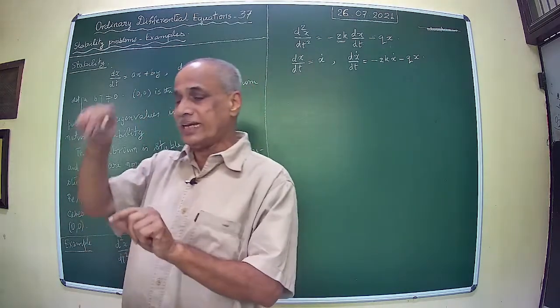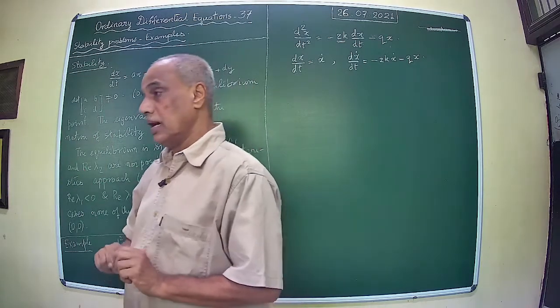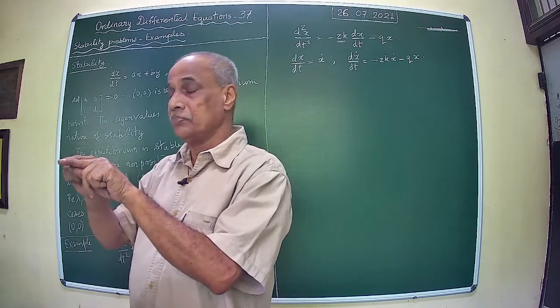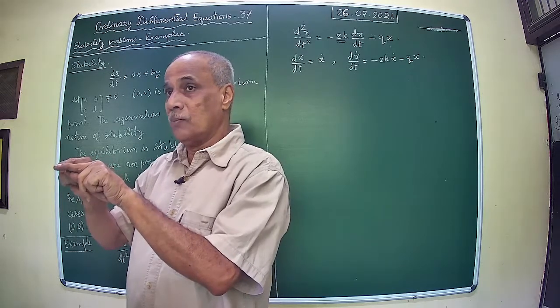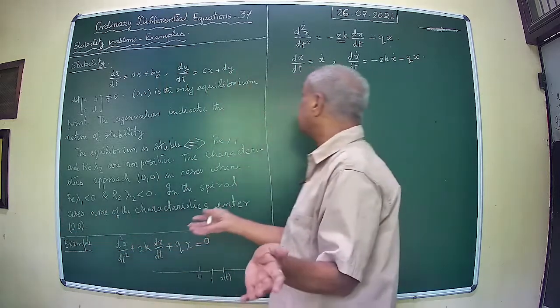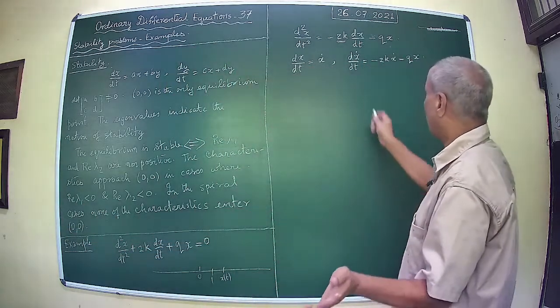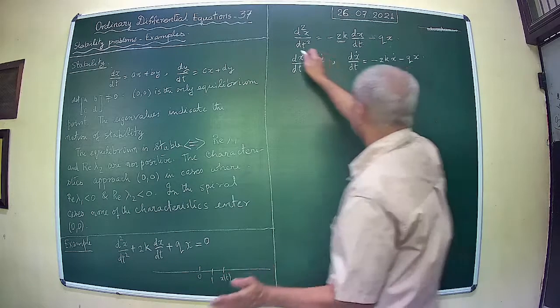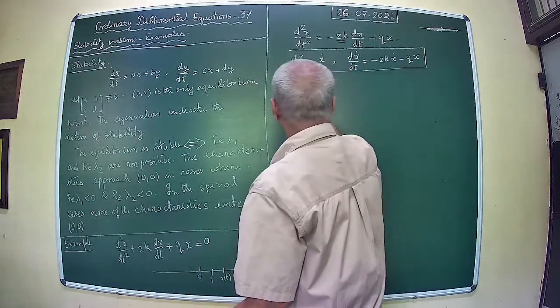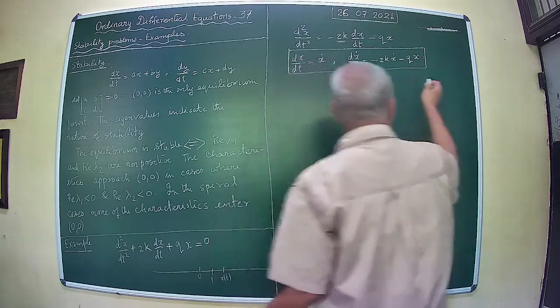So if you know x and x dot at a point, then you know the motion of the particle completely. Now this is the dynamical scenario. So by solving this system, this is the equivalent system. x dot corresponds to the velocity, x corresponds to the position.